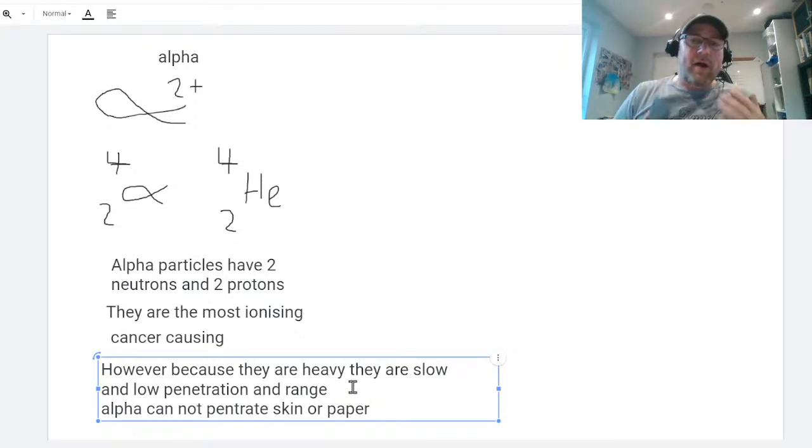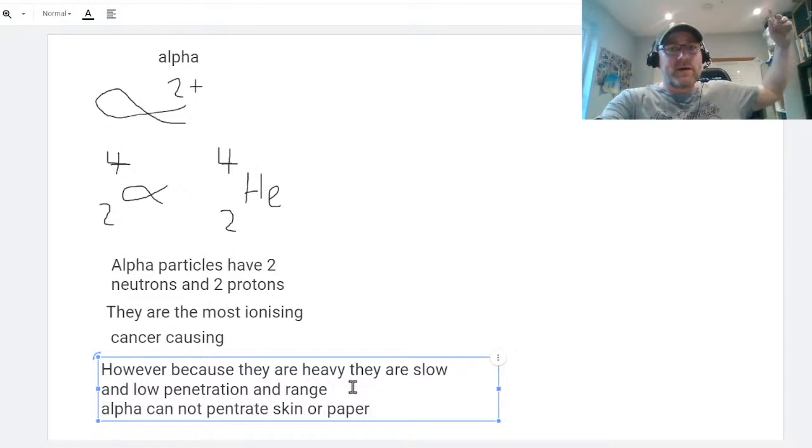Okay, alpha would be useless, so you need to know that alpha is a rubbish tracer because it can't penetrate skin. So if someone swallows it, it can't get out, which means you can't detect it outside of their body. So alpha wouldn't be a useful radioactive tracer. It can't go through the skin.